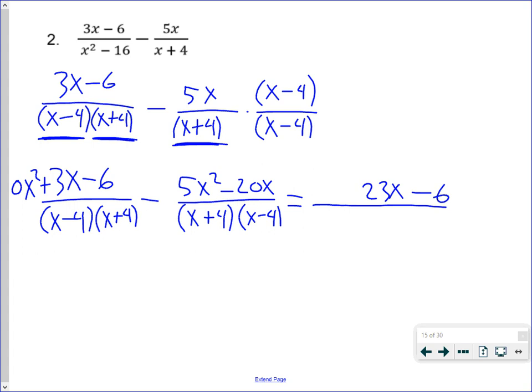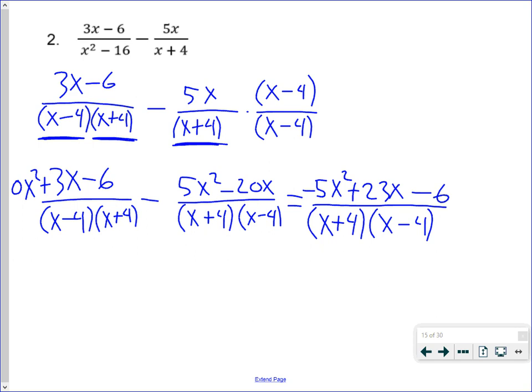And we can see 0x squared minus 5x squared is just a negative 5x squared. So you get negative 5x squared plus 23x minus 6, all that over the same denominator. The denominator doesn't change when you add fractions, so we just rewrite it.